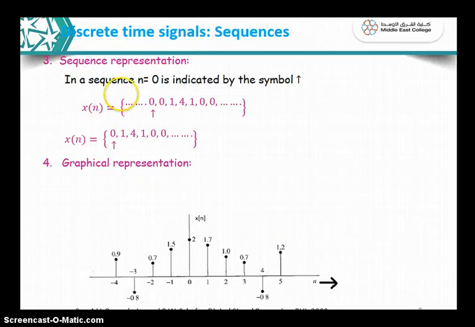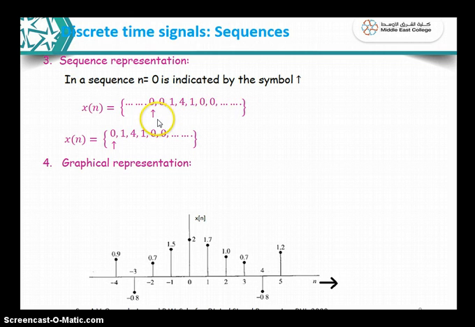Coming to the third representation, sequence representation, it is represented as x of n equal to, in curly brackets, the values, and you can see an arrow mark below one value that represents the value at n is equal to 0. The values to the right of that arrow are for n is equal to 1, 2, 3 and positive values of n.